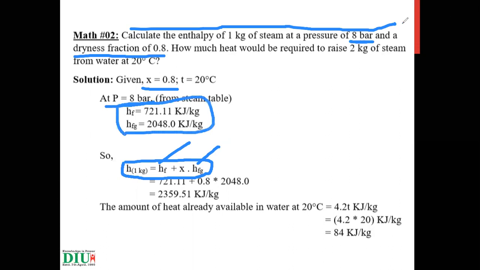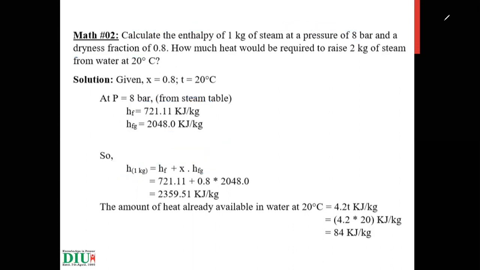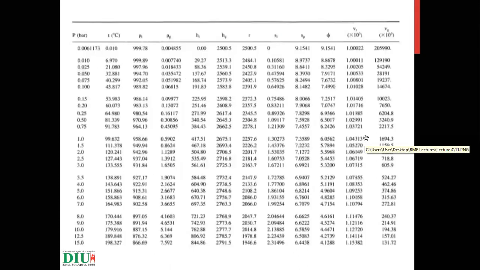So let's go to the steam table. At 8 bar, you see that this is the 8 bar, my student. If I go to the 8 bar, this is the sensible heat and this value is the latent heat. Clear?